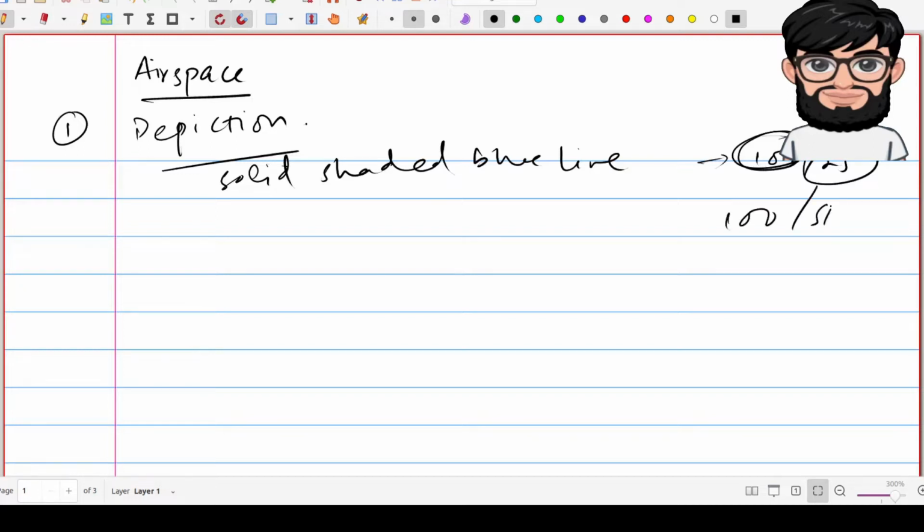If it is 100 and SFC, that just means that it starts on the surface and goes up to 10,000 feet, since you have to add two zeros. Again, this is starting from 2,500 to 10,000. Those are the indications, and again the color is a solid shaded blue line.